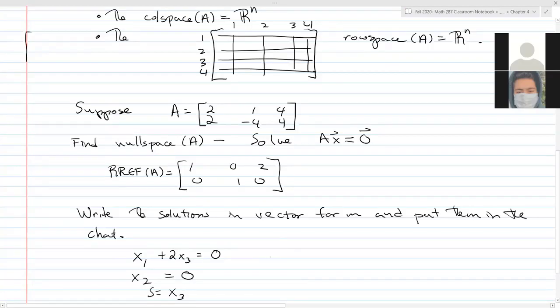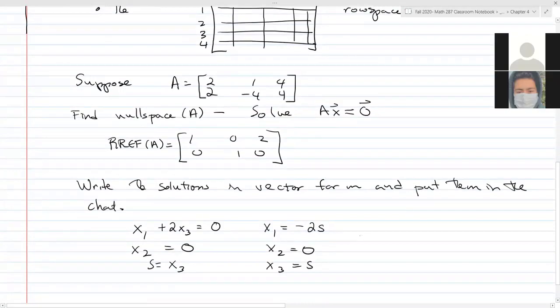Consequently, x1 equals negative 2s, x2 will equal 0, and x3 is going to equal s. So my vector is going to be x equal to s times negative 2, 0, 1.